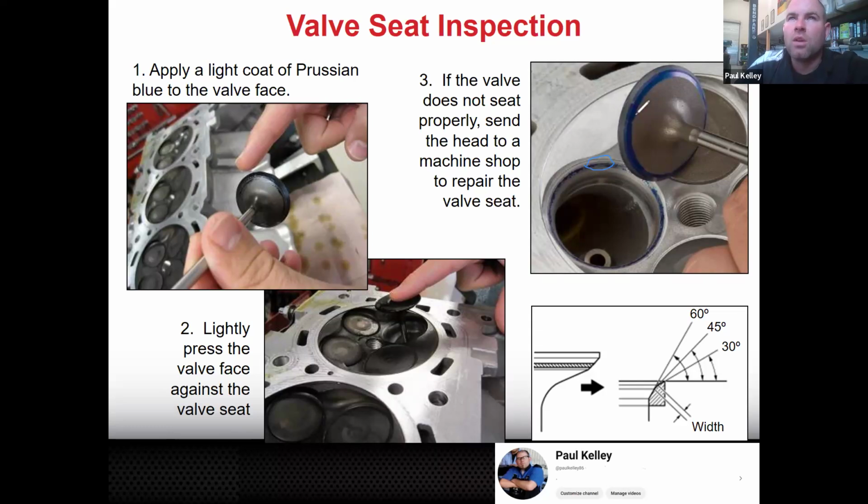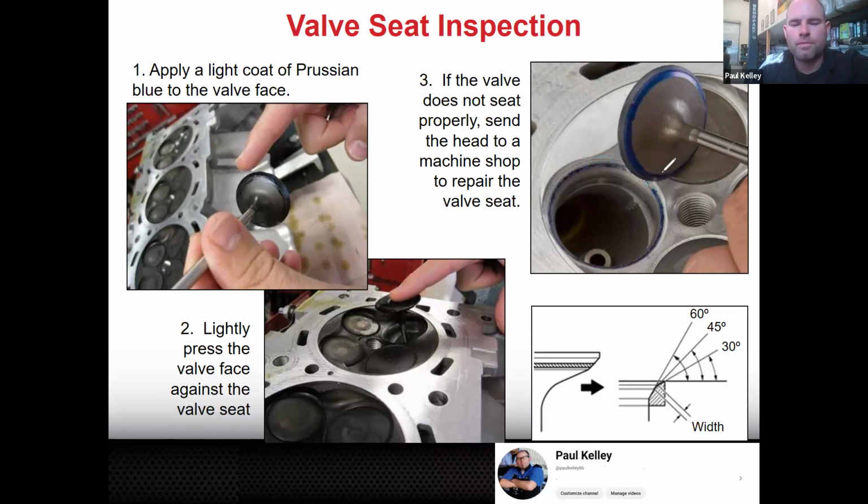And in that case, we need to evaluate that. Do we need to lap it, put the compound on there and spin it and basically just mate them together? Or maybe we need to cut a whole new seat and grind the valve. But either way, we need to get it to the point where we have a solid ring right in here. It needs to be a clean connection all the way around.